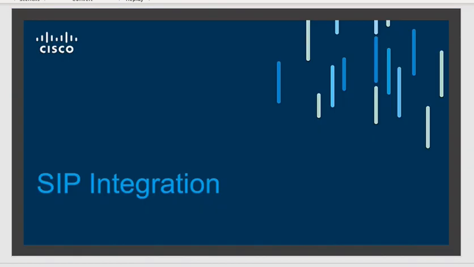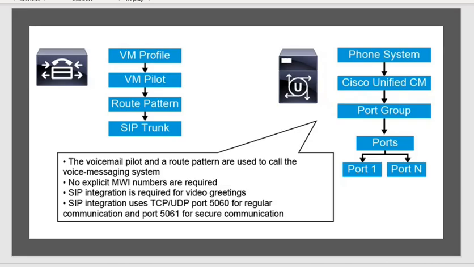And next, let's see about SIP integration. Now, this is important to know from a configuration standpoint. So these are the basic requirements to do the integration. So CUC to CUCM integration is what we are talking about. Let's say this is your CUC and this is your CUCM.